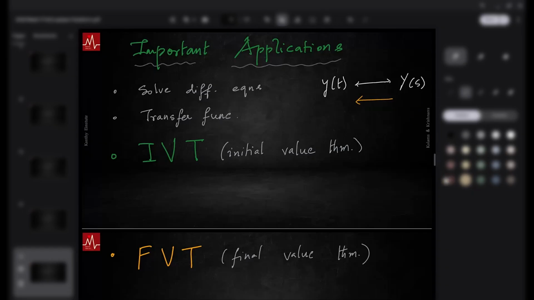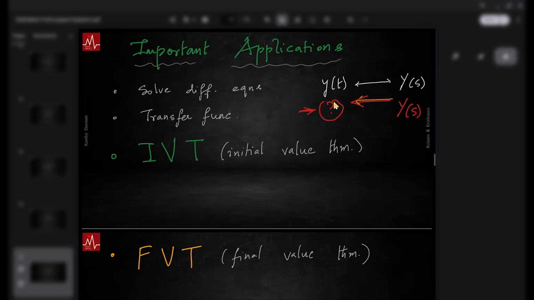Like that, sometimes this yellow arrow is hard. There are many such Y of s in real life. But at least can we say something about y of t? That is the question, that is how this motivation is there.